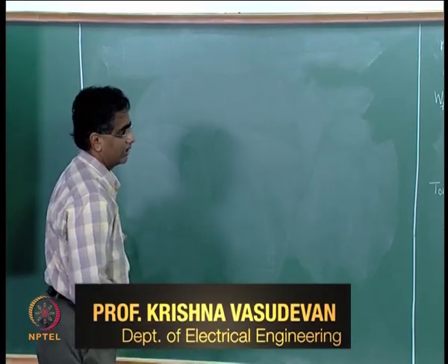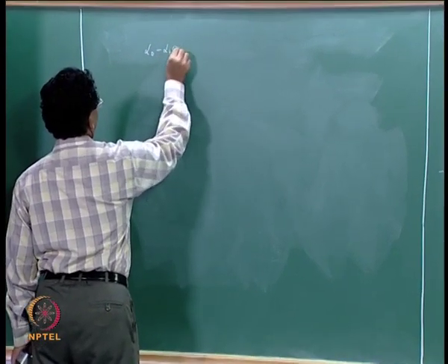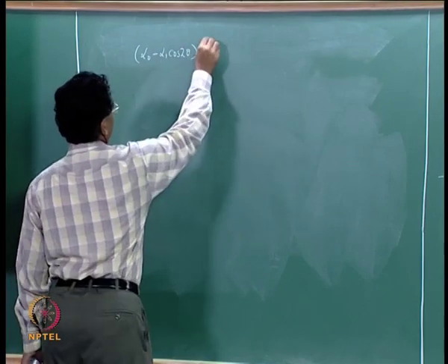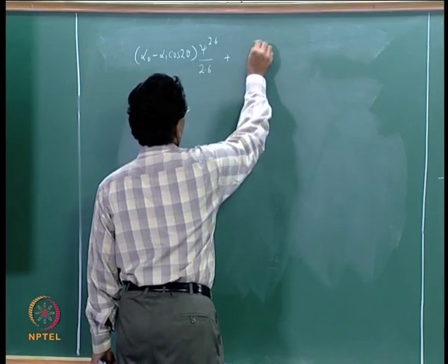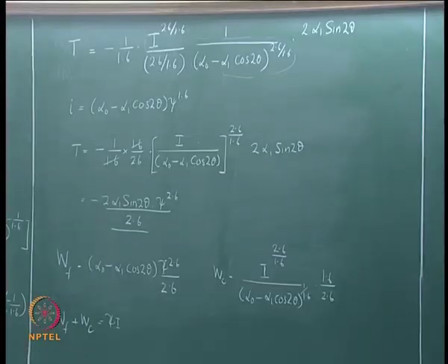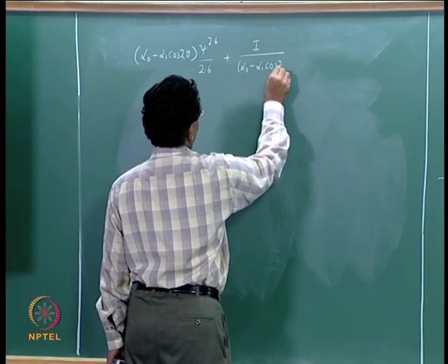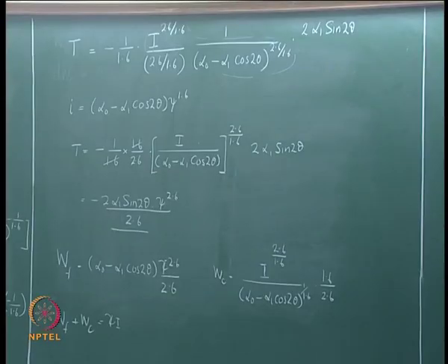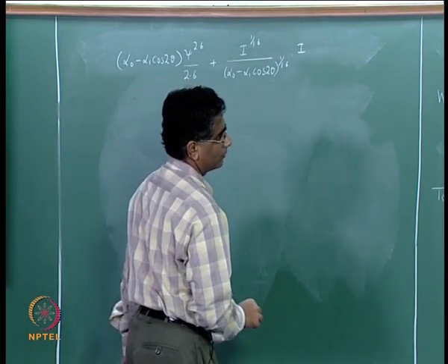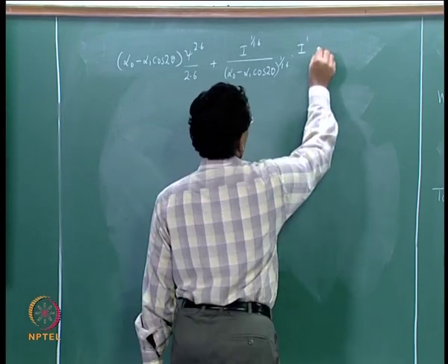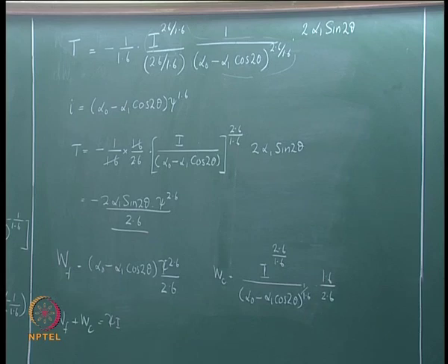And let us try to add those two up. Wf plus Wc is alpha naught minus alpha 1 cos 2 theta multiplied by psi to the power of 2.6 divided by 2.6, plus I divided by alpha naught minus alpha 1 cos 2 theta to the power of 1 by 1.6, into I to the power of 1, multiplied by 1.6 by 2.6 is what you have here, and one can add these two expressions.